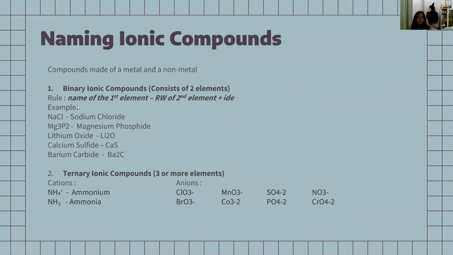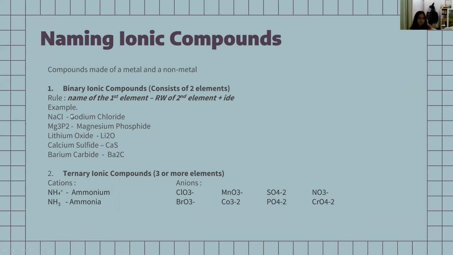The rule of binary ionic compounds is the name of the first element, the root word of the second element, plus IDE. For example, here, NaCl, sodium chloride. So the name of the first element is sodium, and then the root word of the second element is chlor, and then plus IDE, so it's chloride. And then magnesium phosphide.